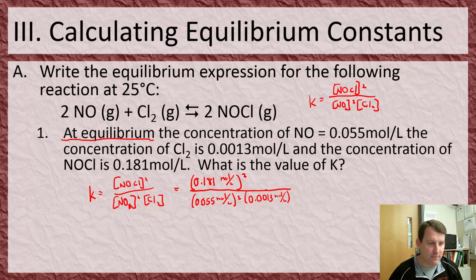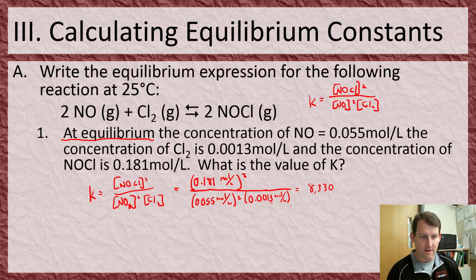And what a lot of people do is then they go times this. But because this number's on bottom, what you're really doing is dividing it into that. So we want to hit divided by again, and then 0.0013, and we end up with 8,330.